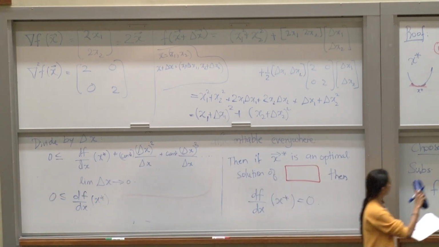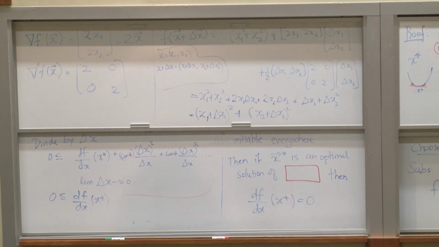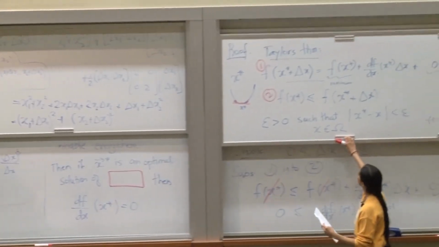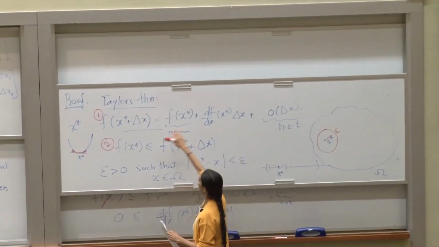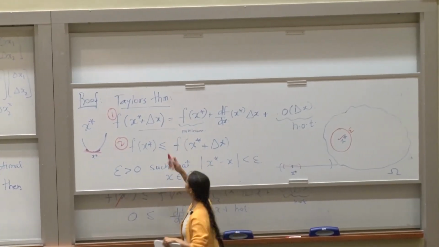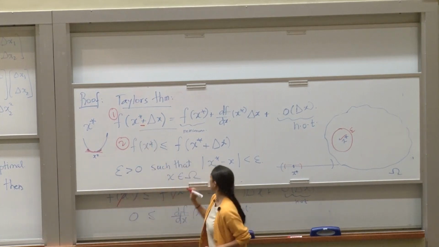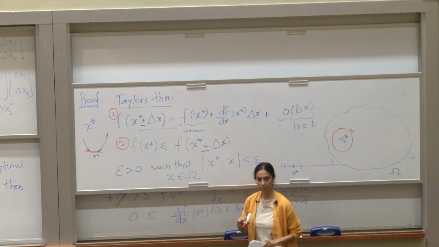But now, what if I did this entire proof, the exact same calculation, with negative delta x? So instead of writing all of this out, I could write this with a minus sign here.